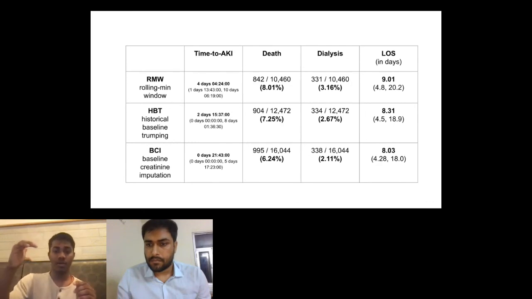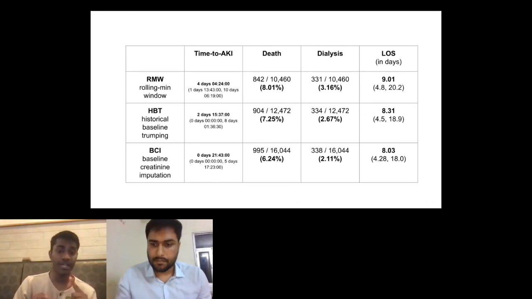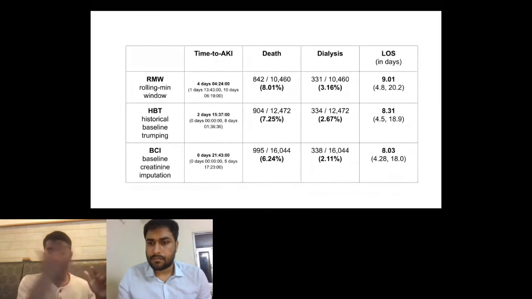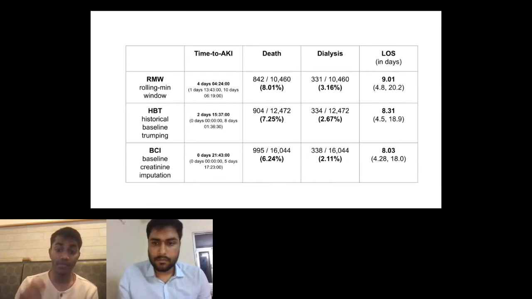But for the imputation definitions and for the trumping definition, you don't need prior information. Well, I mean, you're using prior information, but other types of prior information, namely age, sex, demographic information, not the actual lab values. And so the diagnosis can be made a lot quicker.